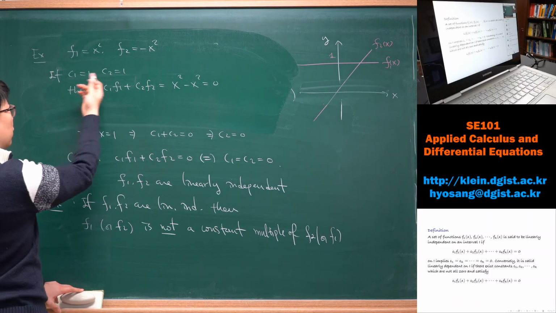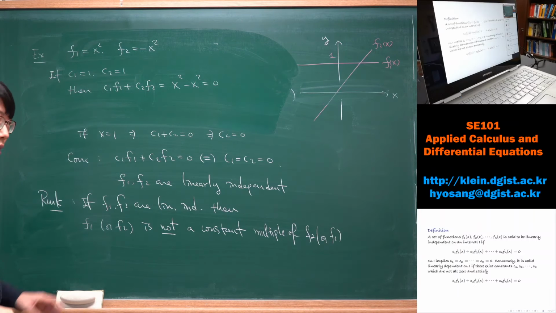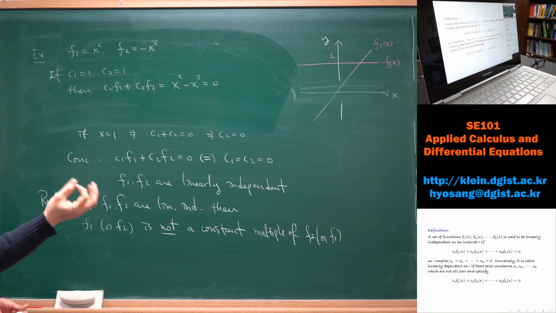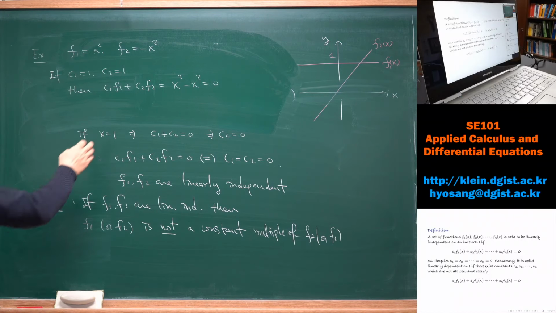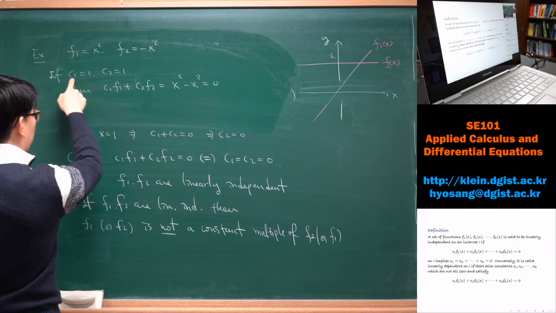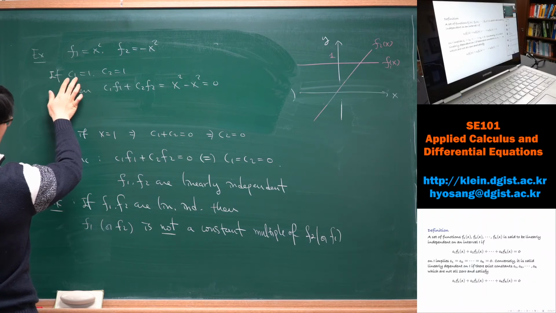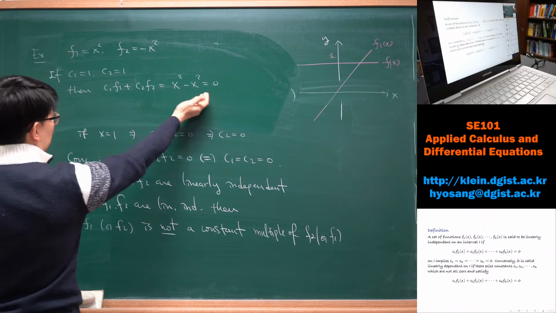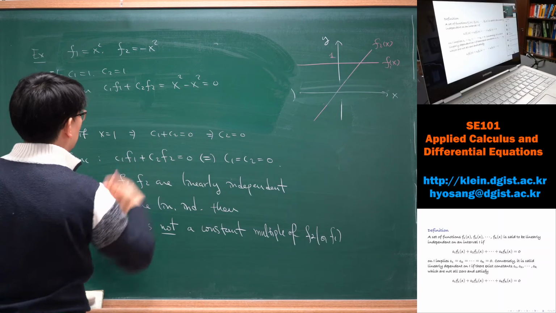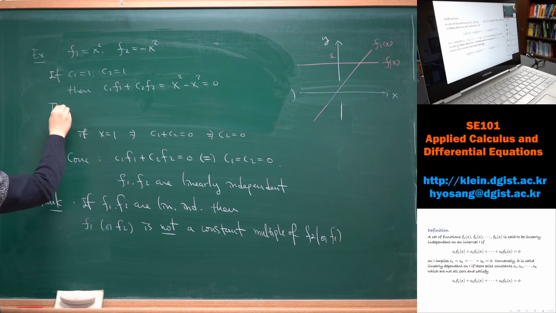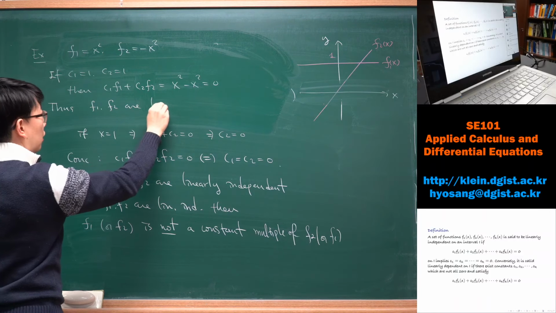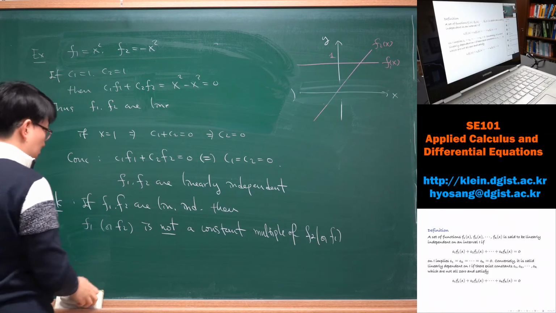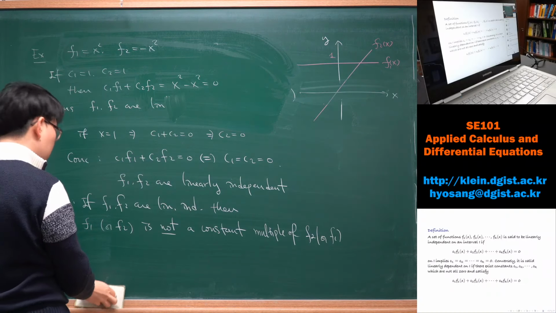So I can choose non-zero c1, c2. All of the constants do not have to be 0; we only need at least one constant to be non-zero. So if I can choose a non-zero constant, either c1 or c2, such that this summation equals identically 0, then f1, f2 are linearly dependent.